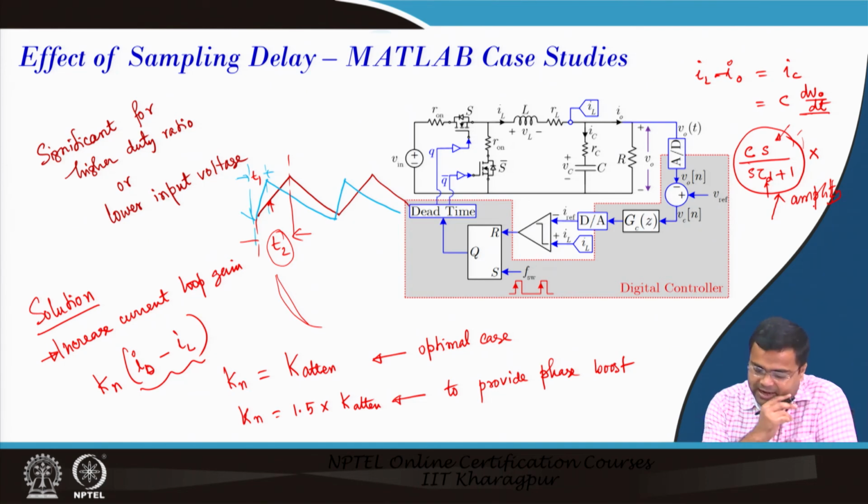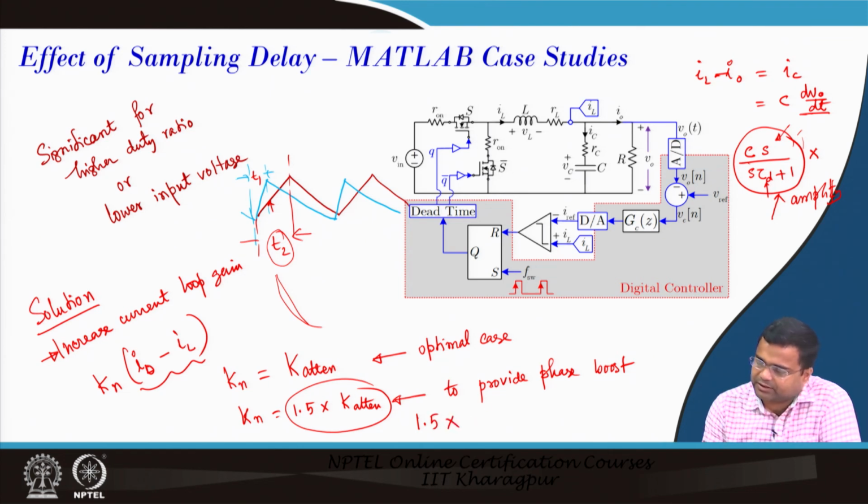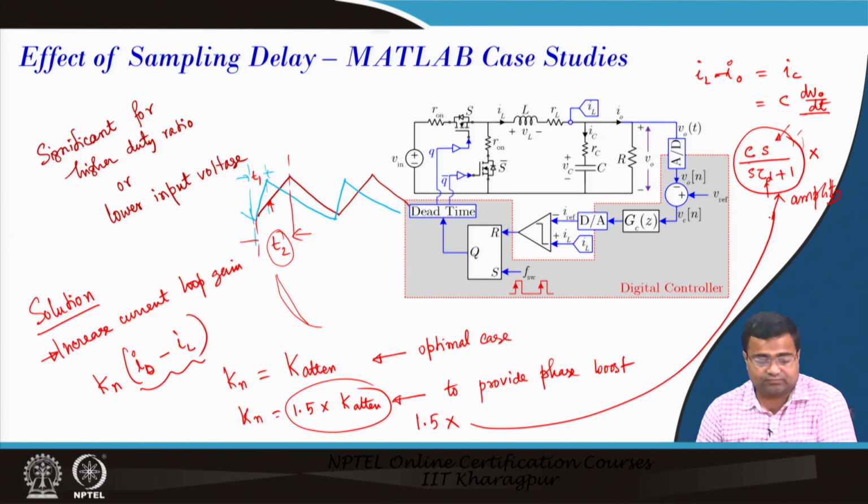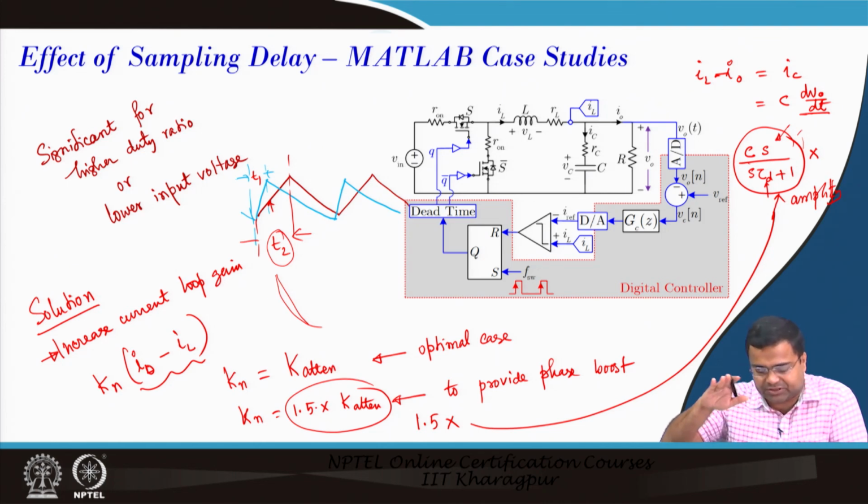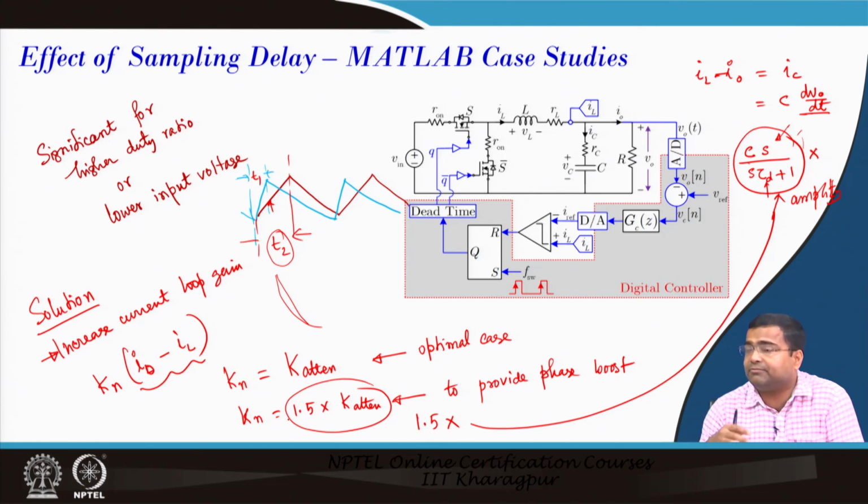The attenuation factor was coming from the optimal gain, because we want to make sure that practical gain constants are there. But in addition to that, we are giving some excess gain so that we provide some phase boost, so that it tries to anticipate whatever phase lag happens due to the sampling delay.